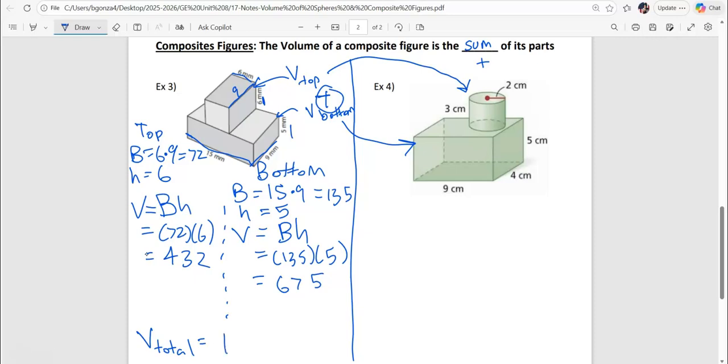So 432 plus 675 equals 1107 millimeters cubed. Can y'all do the same thing if there's like a cylinder? It's just find the volume of one plus find the volume of the other.